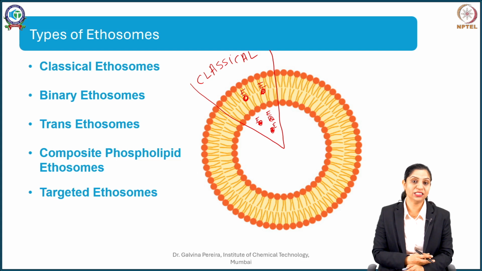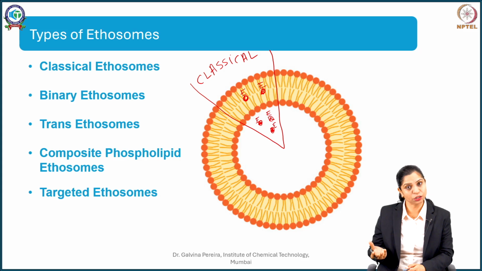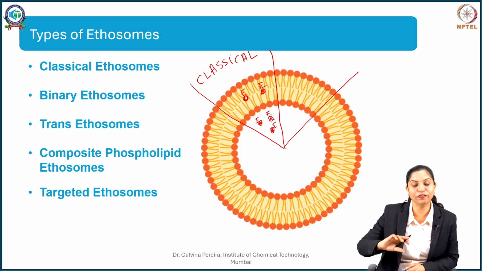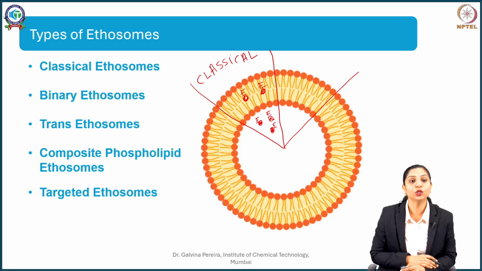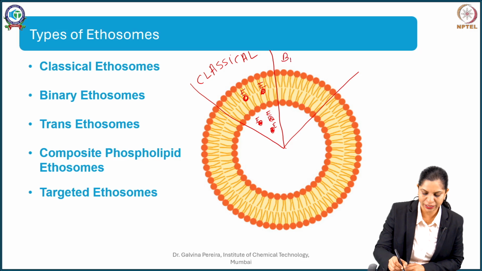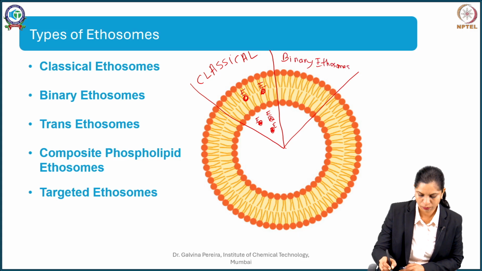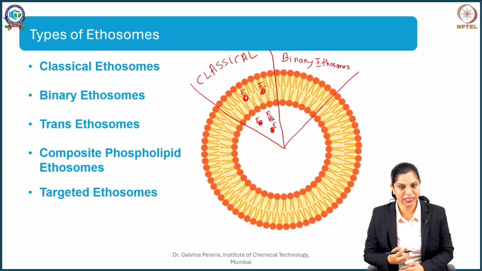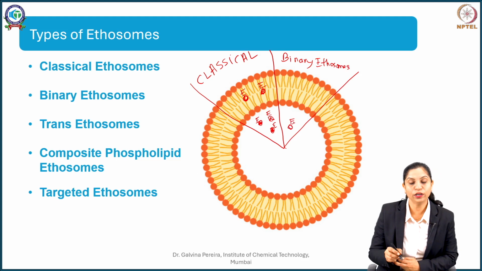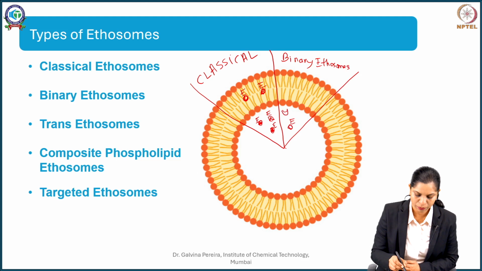Now in some cases, this ethanol, like I said, in order to decrease the volatility, may be replaced by other alcohols. When there is a mixture of two alcohols, you call it binary ethosomes. So let's put here binary. In this case, in addition to your ethanol, you might also have something like propylene glycol.